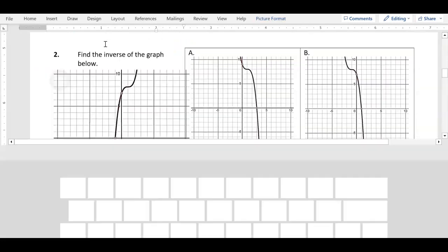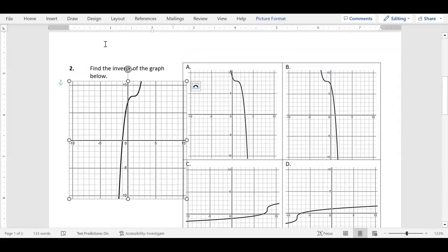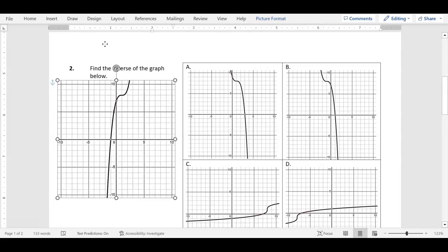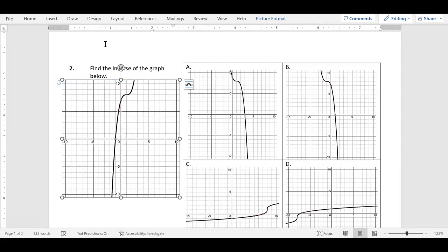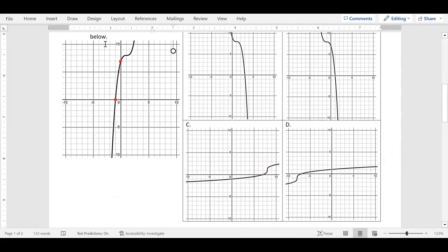Okay, find the inverse of this graph. Now, when you're finding the inverse of a graph, you want to pick some points on here. I see this point right here and this point right here. If I make a little table, x, y, I got -1, 0.